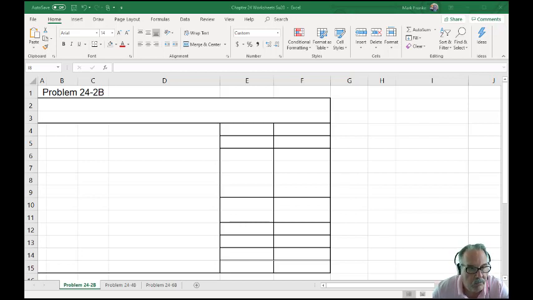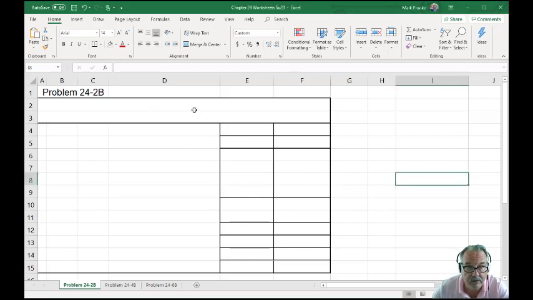So I'm going to start with problem 24-2b and use that to describe the first three, which are the cash payback period, the accounting rate of return, and the net present value.